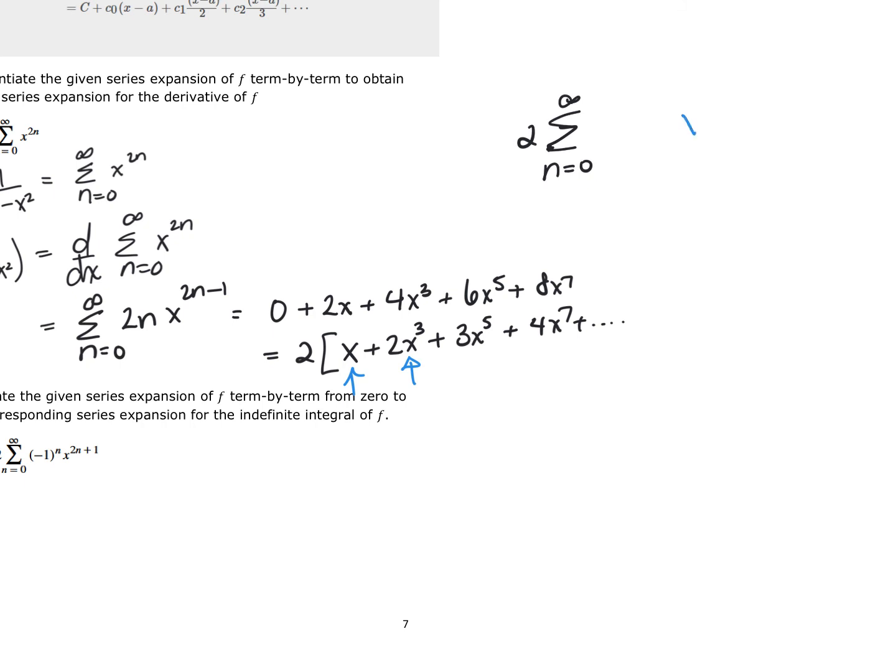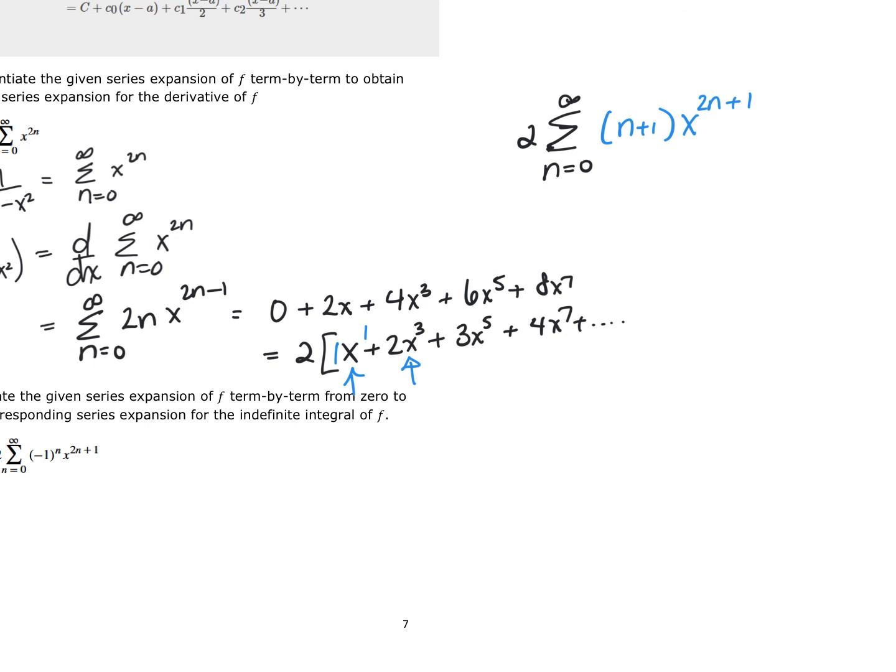So I know my exponent needs to be 2n plus 1 because I'm going up by 1, 3, 5, 7, so that's the 2n. I need to start with 1, so that's where the 1 comes from. So that gives me x raised to the 1 in the first position. Now what I also need is for the coefficient to not be 0 for the first term. So when I put in 0, I better not get 0. I need to have a 1 right here. So the way that I can make sure I get a 1 there is I put in plus 1. So when I put in 0, I get 1. When I put in 1, I get 2. When I put in 3, I get 4.